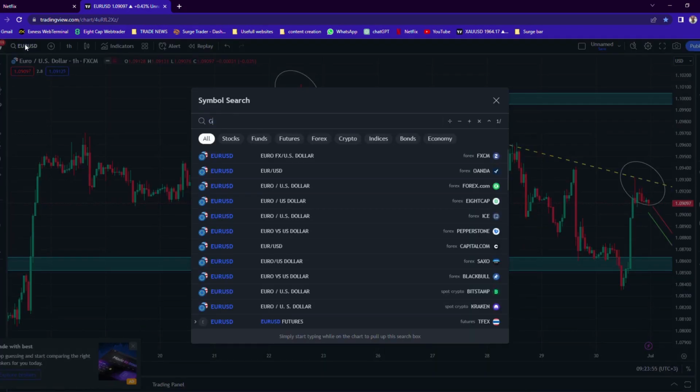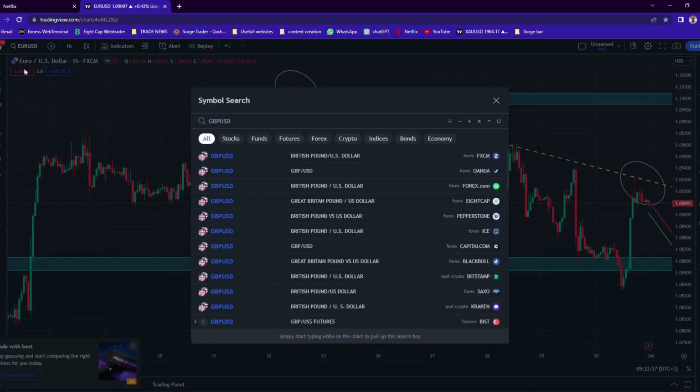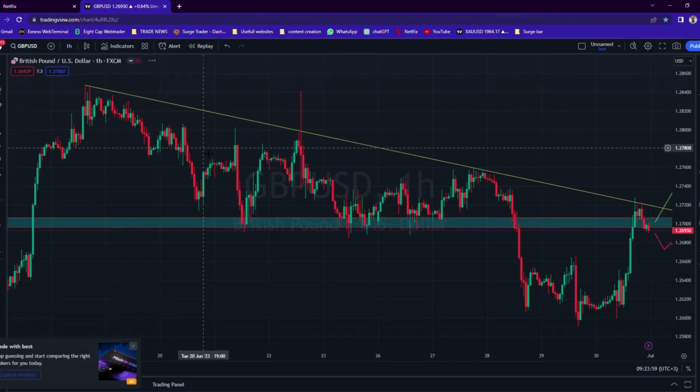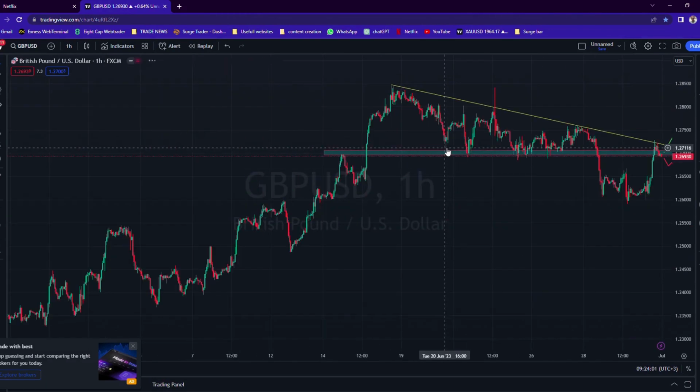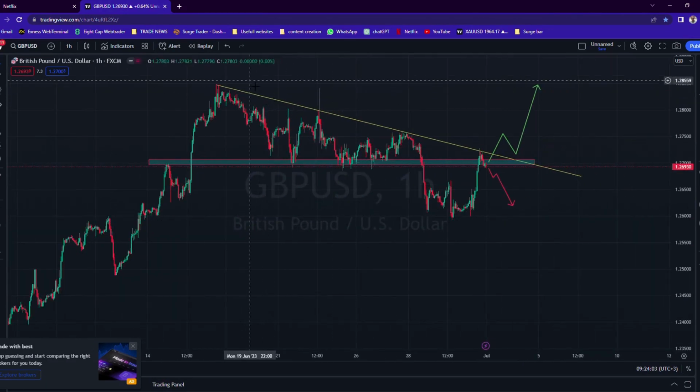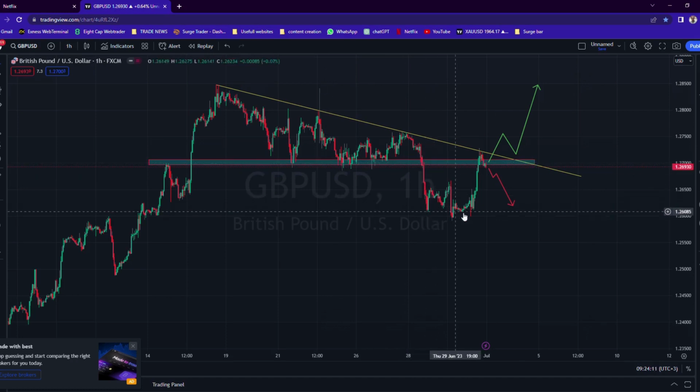Okay, so let's look at the next currency, which will be GBP USD. As you can see, also there is a trend line right now that is holding, and the support has been broken to the downside already, and we are experiencing a retest at the support structure right here.